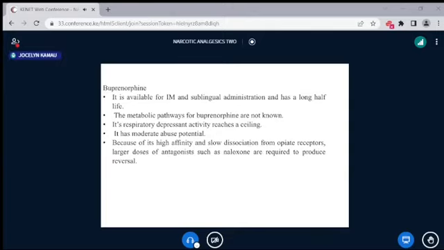It is available for IM and sublingual administration and has a much longer half-life. The metabolic pathways for buprenorphine are really not known. Its respiratory depressant activity reaches a ceiling; in other words, the respiratory activity is really not dose dependent. For most of the other narcotic analgesics, the respiratory activity is dose dependent.